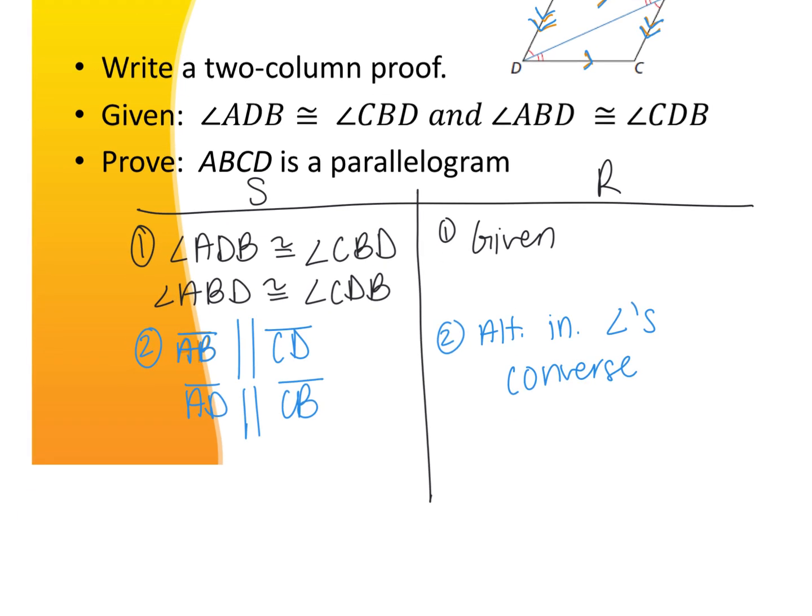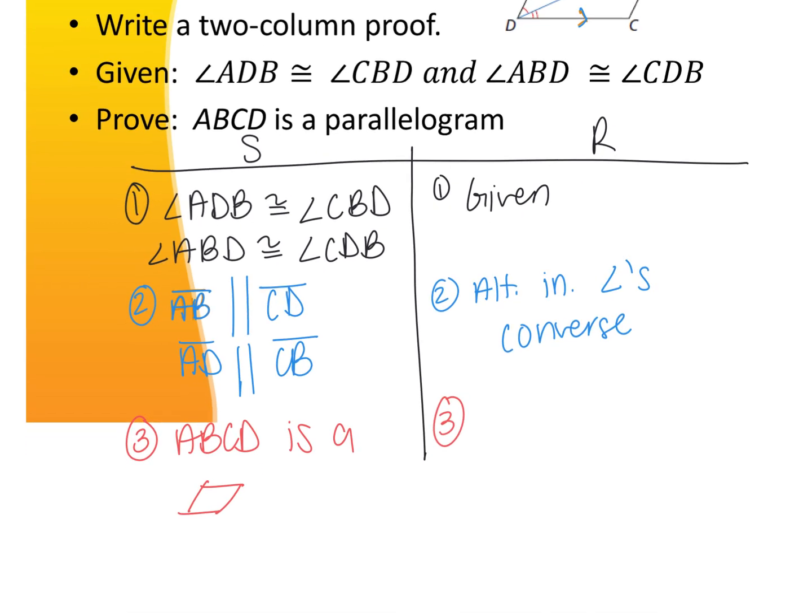So, did I just prove this to be a parallelogram? Yes. I proved it to be a parallelogram. ABCD is a parallelogram because I just stated by showing you that opposite sides are parallel. I just stated the definition of a parallelogram.